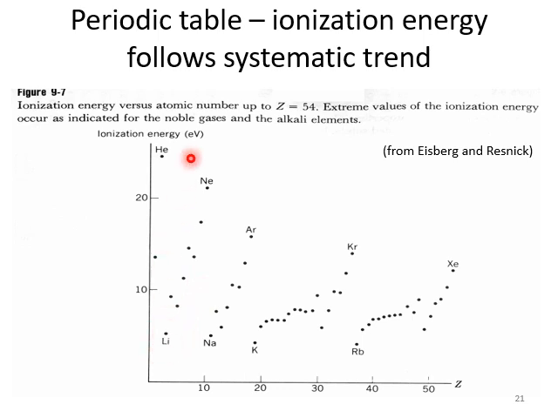Lithium, in this row of the periodic table, has the most easily removed electron because it sits outside of the 1s orbital, and as a result, the electron here is pretty well screened from the nucleus.